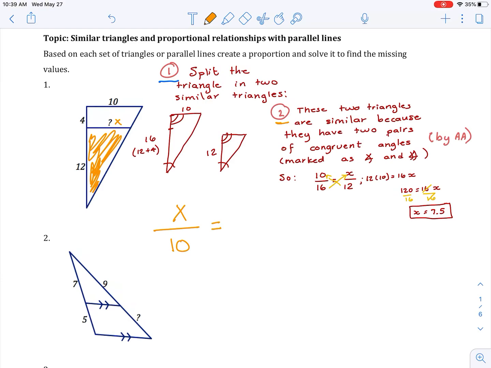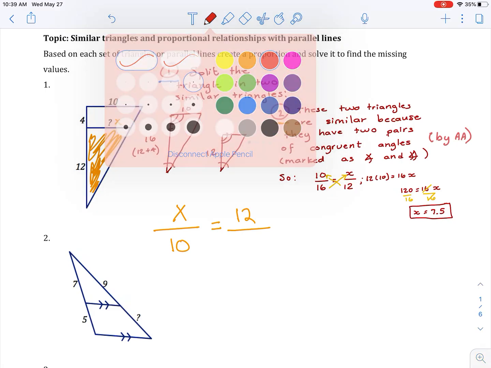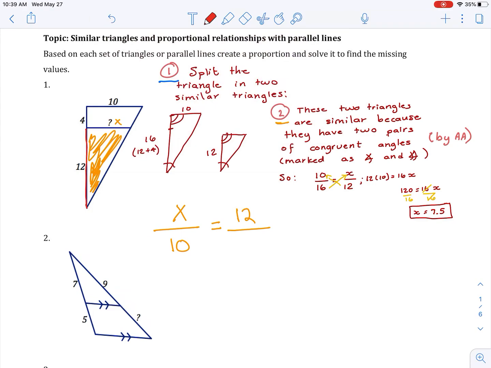It matches up with 10. And that's going to be equal to, okay, so now I'm going to grab 12 from the smaller triangle. And what does 12 match up to in the big triangle? Well, it's the side. Here's the side of the little triangle. What's the side of the big triangle? It's the whole thing. So 12 over 16. And then I cross multiply, and 12 times 10 is 120, and 16 times x is 16x, and we still get the same thing when we divide by 16.